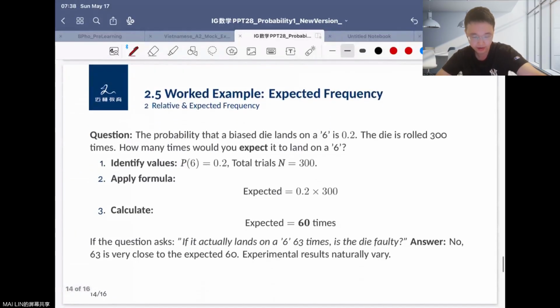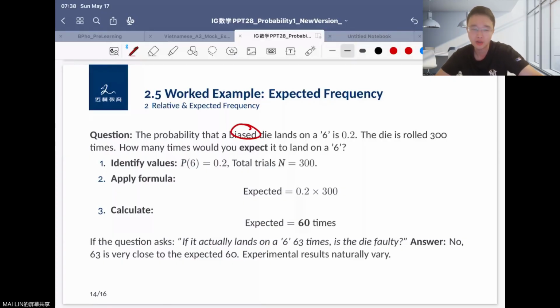For example, the question says the probability that a biased dice lands on 6 is 0.2. Biased means it is not a fair dice, right? The dice is rolled 300 times, and how many times would you expect it to land on a 6?